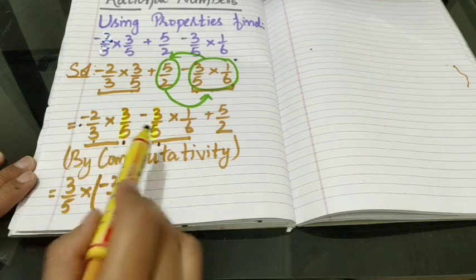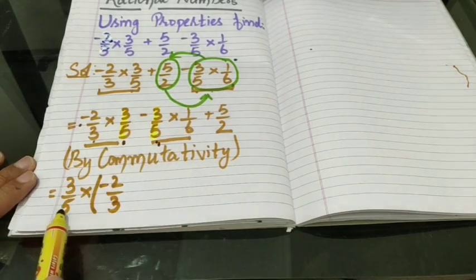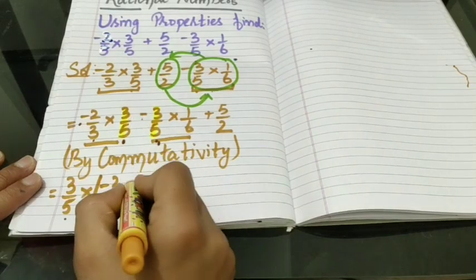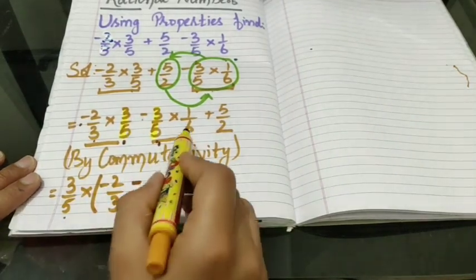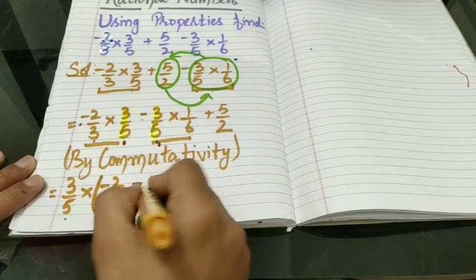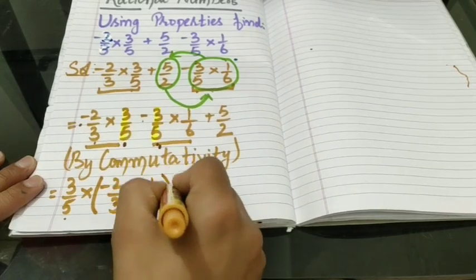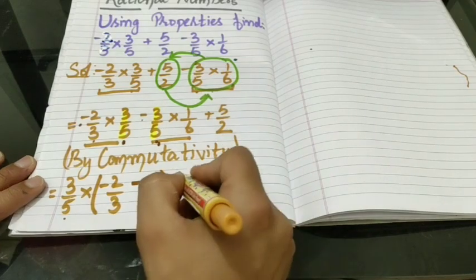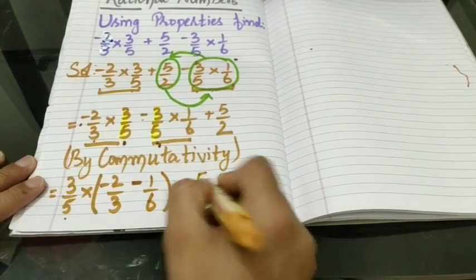Now from the second term as well, we have taken 3 upon 5 common, so we are left with one negative sign and 1 over 6. Bracket close. Whereas plus 5 upon 2 will remain as it is.